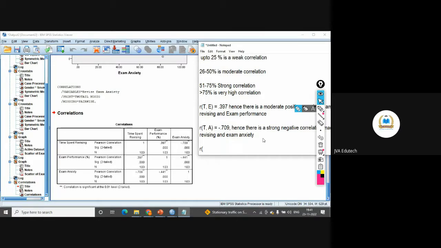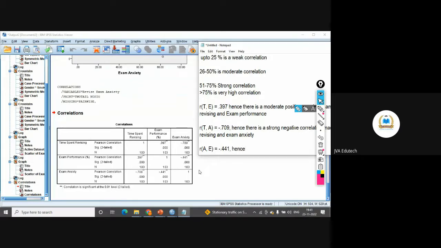Now the third thing, the relationship between exam anxiety and exam performance. R between anxiety and exam performance is equal to how much? Minus 0.441. Negative 44%. Yes, sir. Minus 0.441.